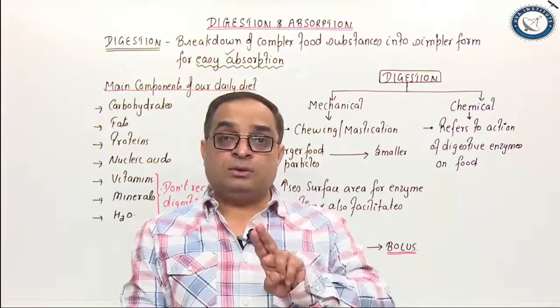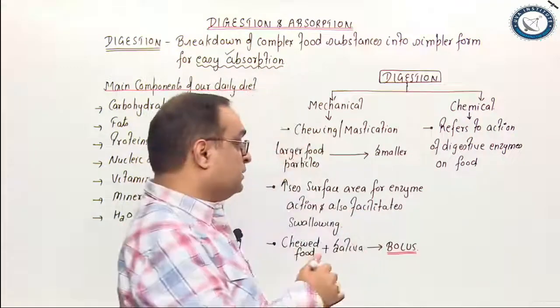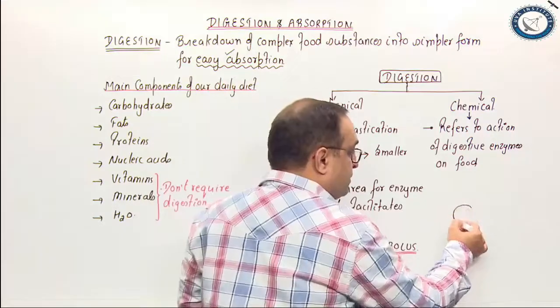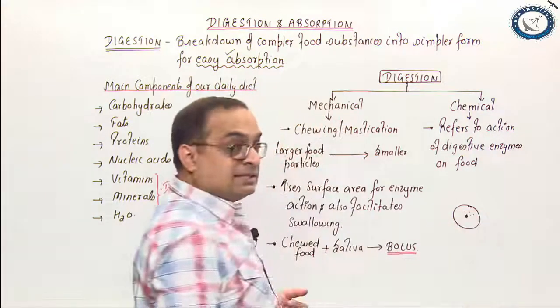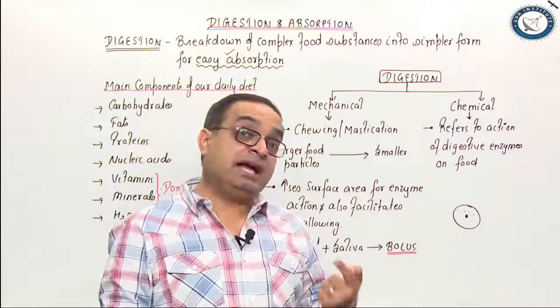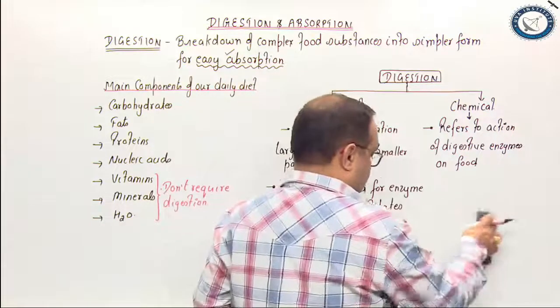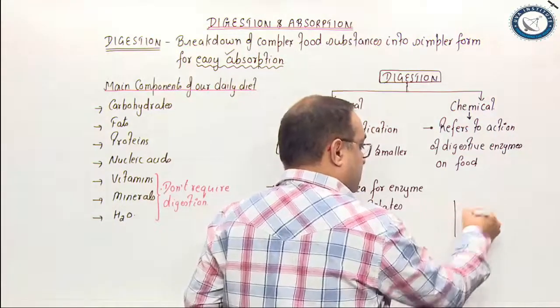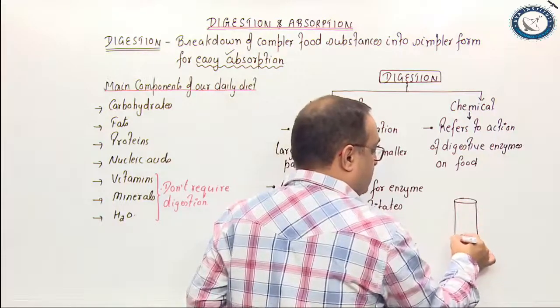So, intracellular and extracellular, what is the difference? When you say intracellular digestion, that means the food is getting digested inside the cell by the enzymes, as in case of protozoans and sponges. When you say extracellular digestion, that means there is a definite cavity or the alimentary canal which is designed for that purpose of digestion.